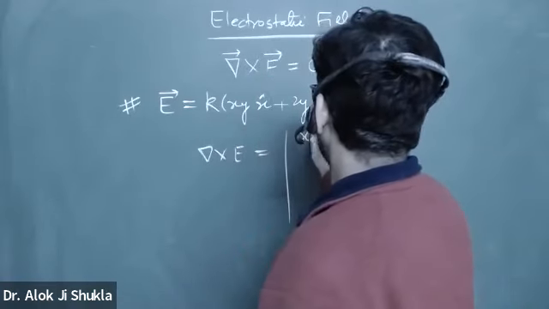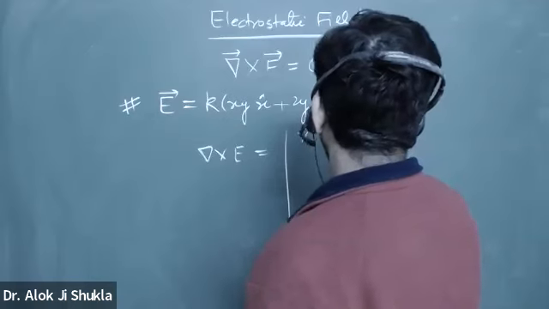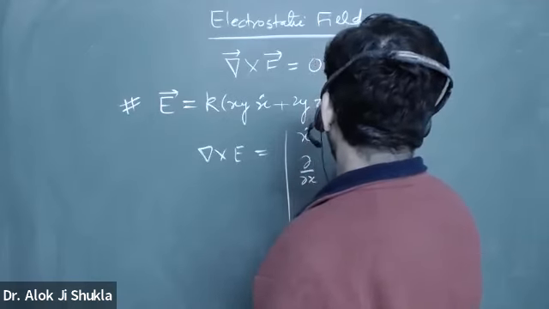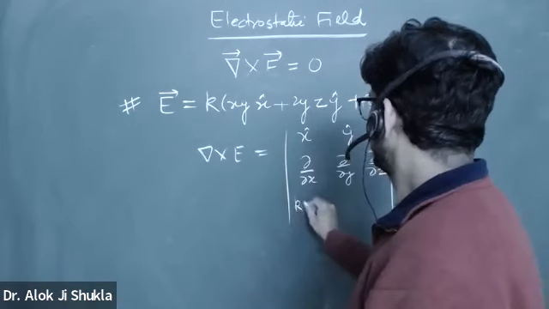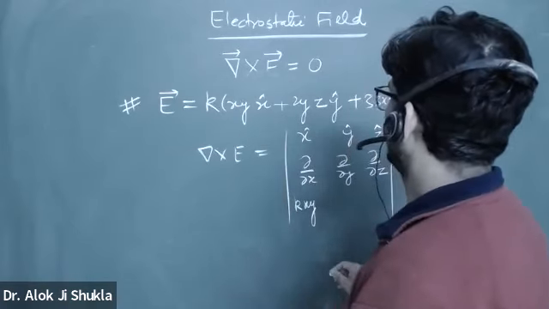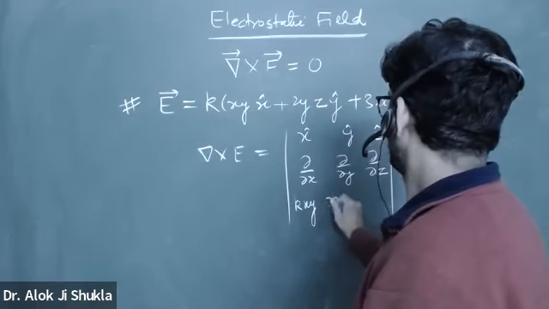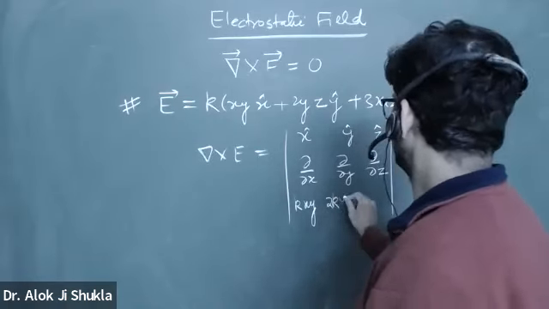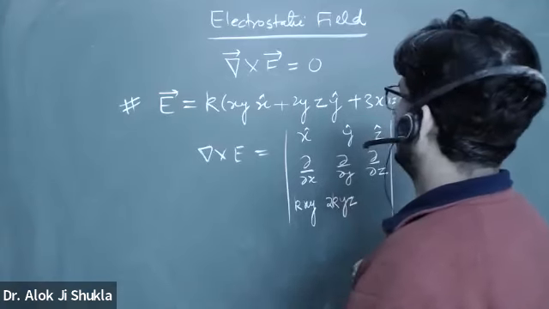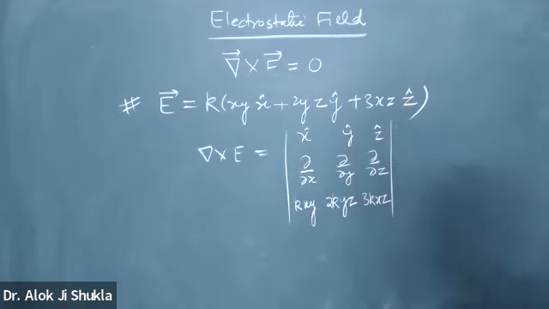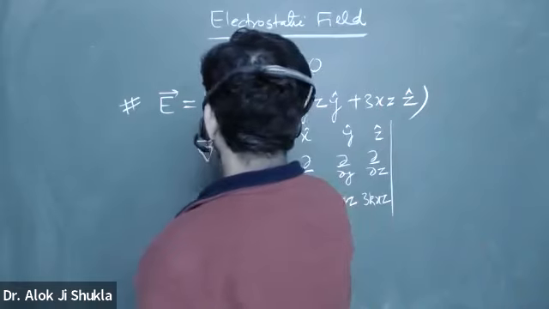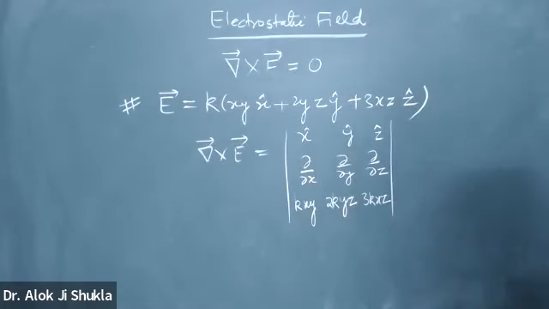In Cartesian, it is the determinant with x cap, y cap, z cap, del by del x, del by del y, del by del z, and the components k x y, k 2yz, 3k xz. चेक करो ये 0 आना चाहिए. This should come out to be 0.